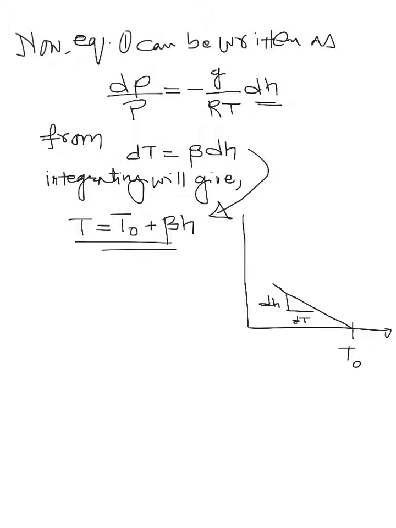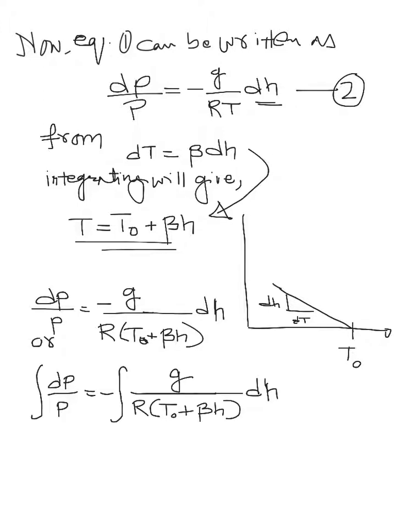Now subsequently, the value of T from this equation will be substituted in equation 2, and this will give us this equation. To get the value of P, we have to perform the integration of this equation.